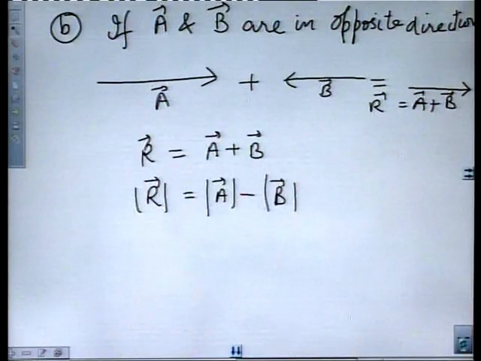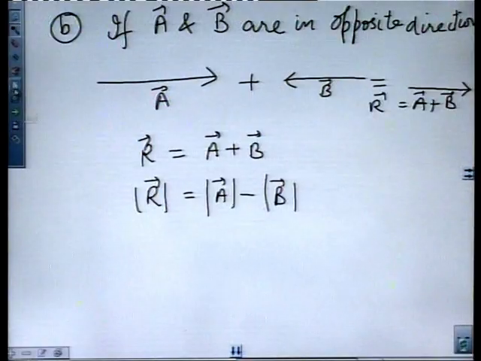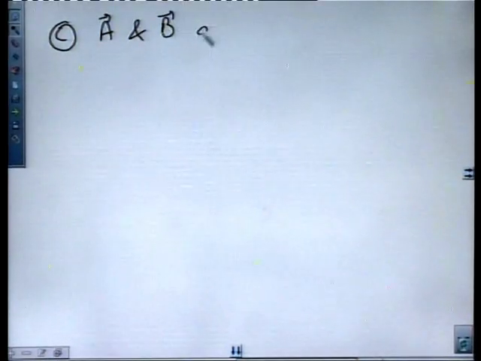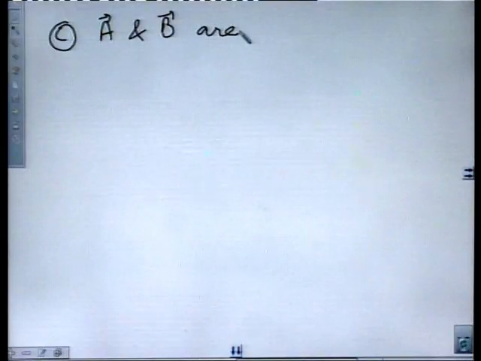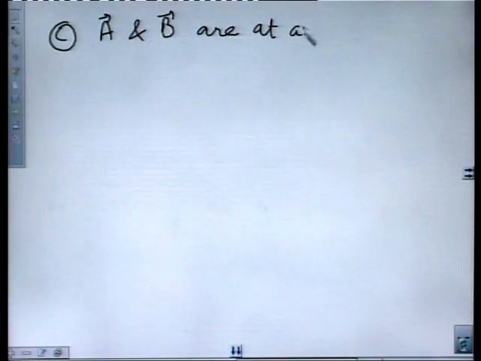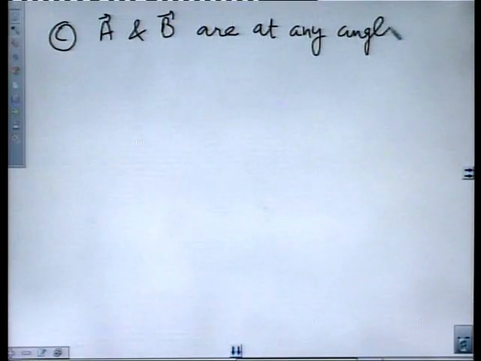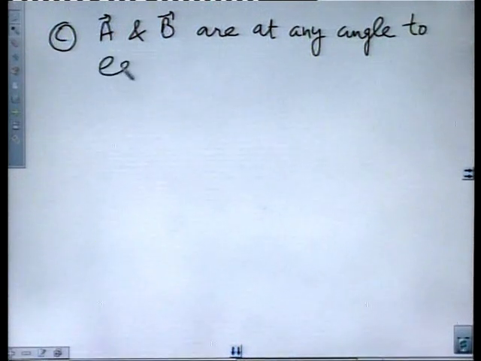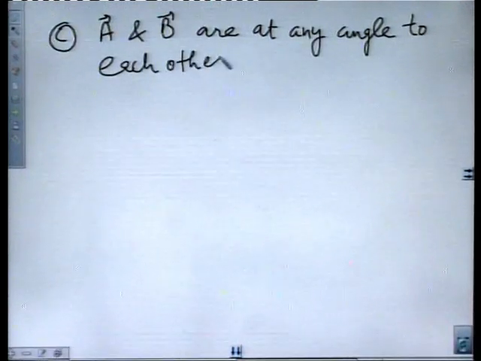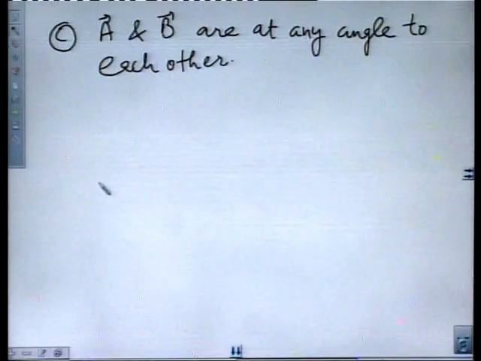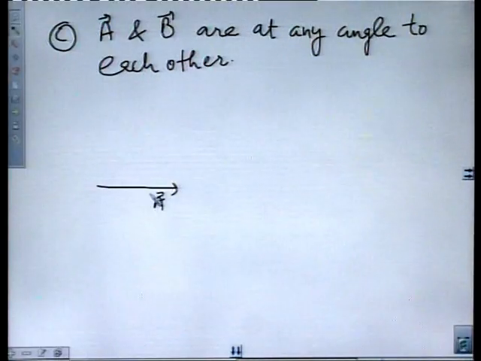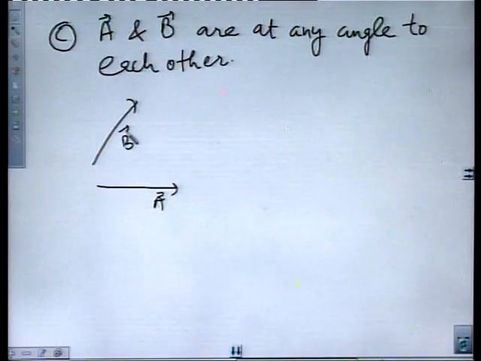Now we take the third case where A vector and B vector are at any angle to each other. We have vectors A and this is vector B, and these are along any angle to each other.